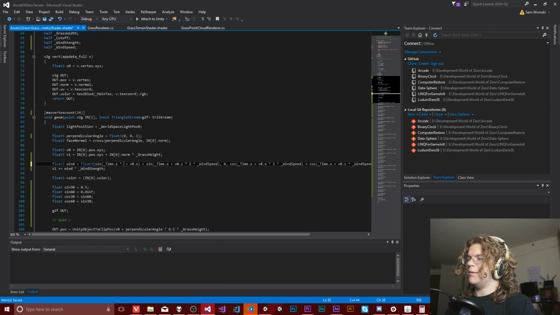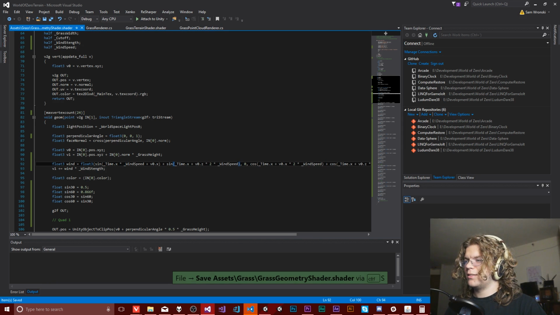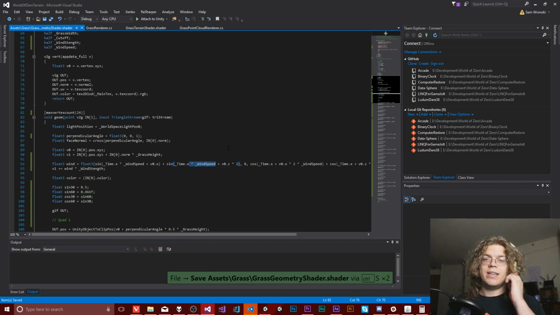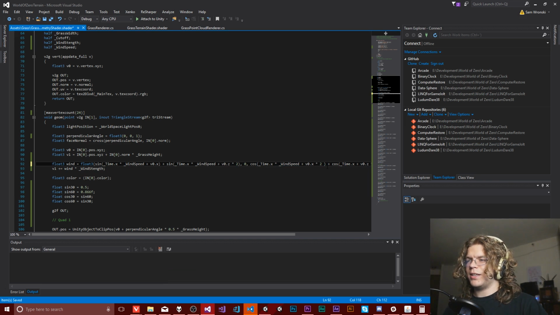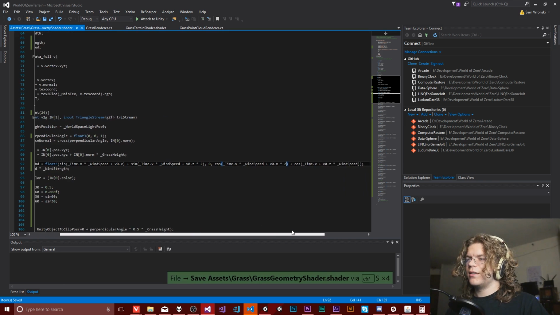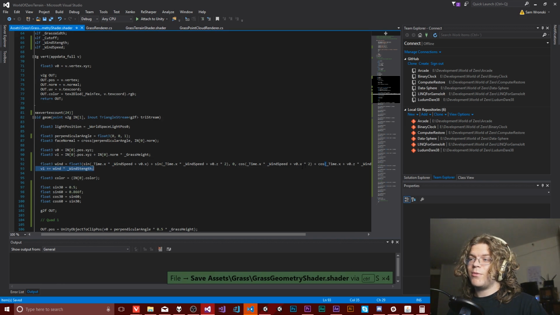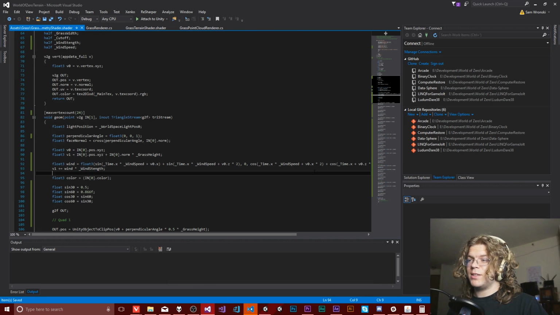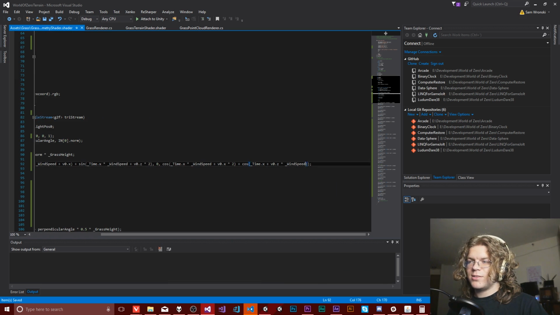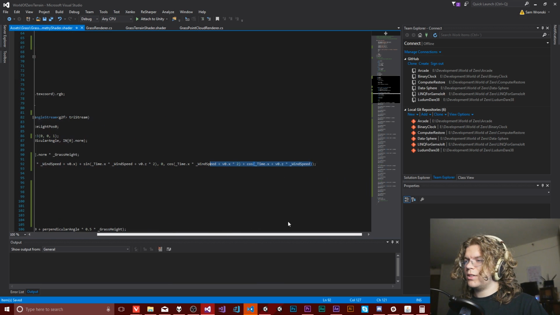We're going to multiply the time by our wind speed, not everything else. So we want it to change over time at a faster rate, but not necessarily just increase the variance. We can add another variable to do that. And we may want like a wind map or something to actually map out these behaviors, because this is going to get crazy.